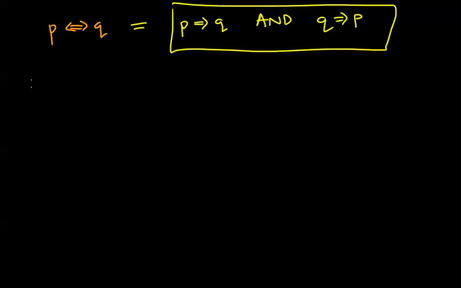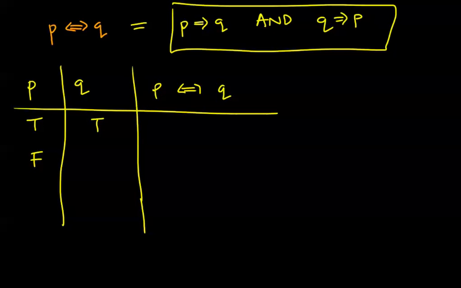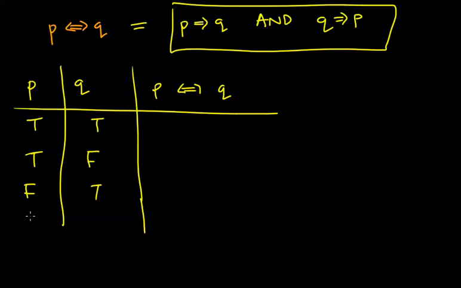But let's look at the truth table behind this. P, Q. Just do it really quickly. And P, if and only if Q. Now it's sort of like this: true, true, true. Let's keep it consistent. True, false, false, false, true, false, false, false, true. Okay.